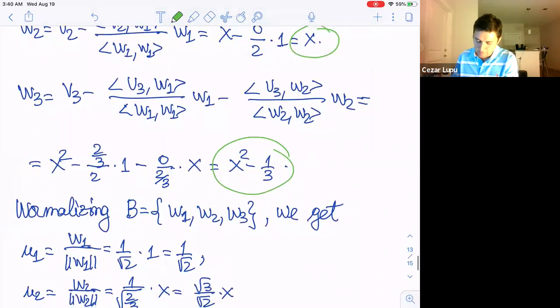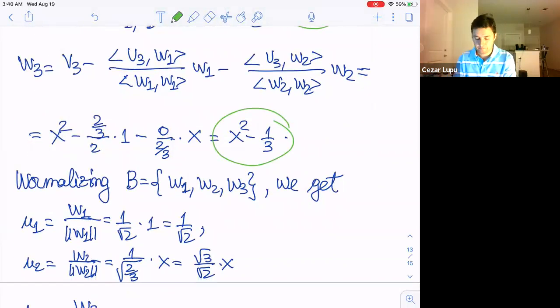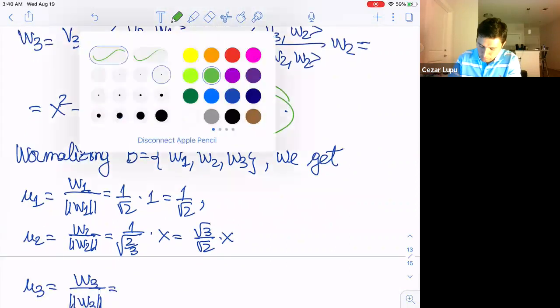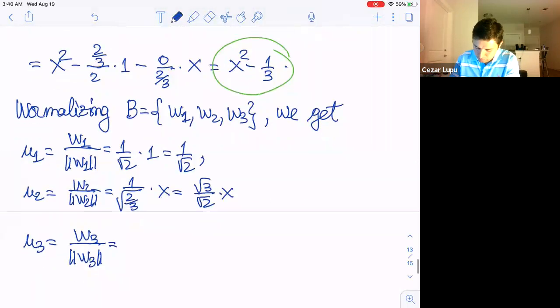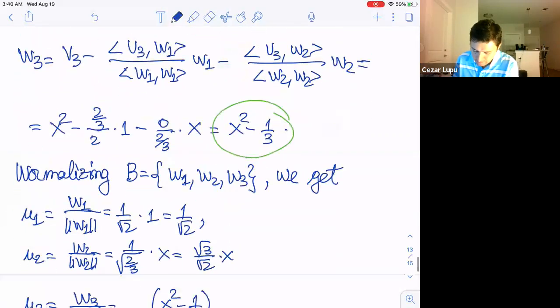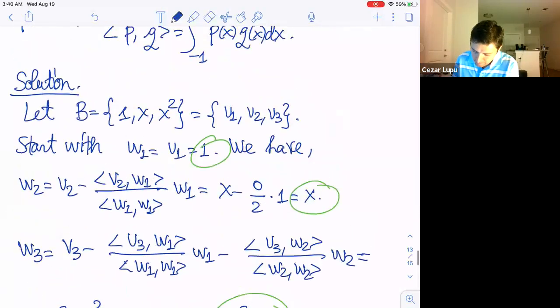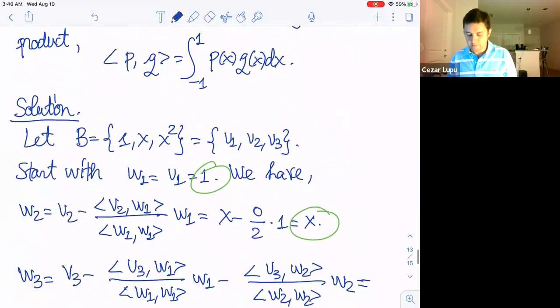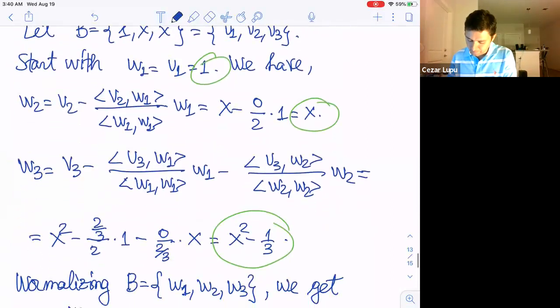So W3 will be a constant. Anyway, we'll see. Times the function x squared minus 1/3. And this constant, W3, from W3.